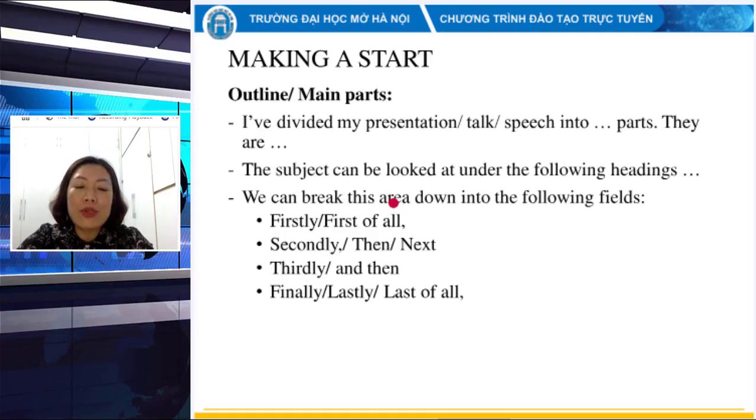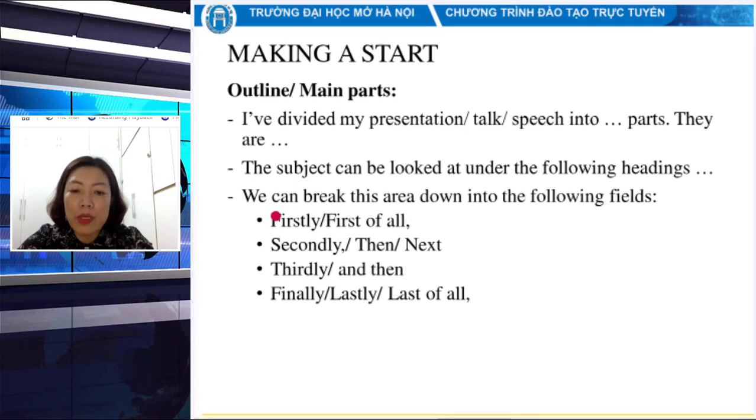And then you introduce the outline by saying that I've divided my presentation into 2 parts or 3 parts. The subject can be looked at under the following headings. Firstly, secondly, thirdly, and finally. Remember that they go in groups. For example, when you use the word firstly, you use secondly, thirdly, and finally.